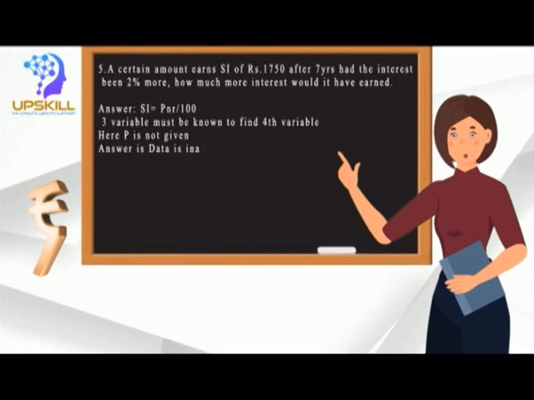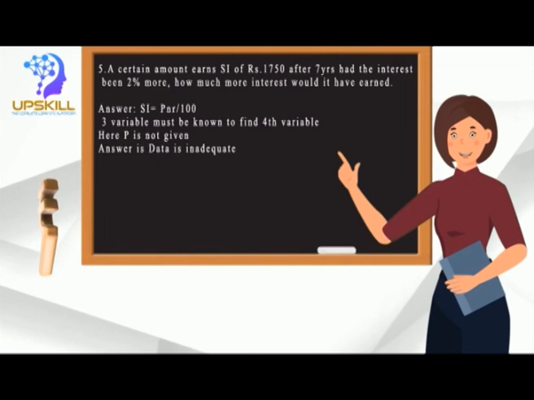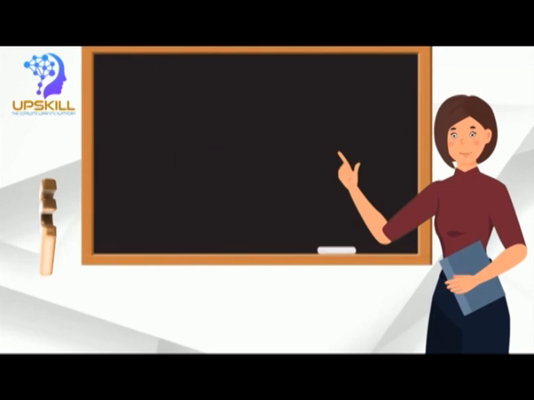Here you can see that the principal amount is missing. If the principal amount is missing, we won't be able to find the interest for the given number of years. So here the answer is that the data is inadequate or insufficient. But in order to confuse you, another answer will be given in the options. But when you know the concept well, you know that without the principal amount, you won't be able to find the simple interest.